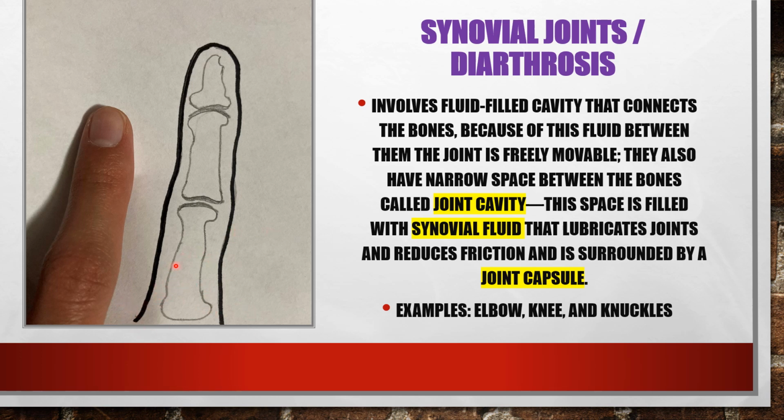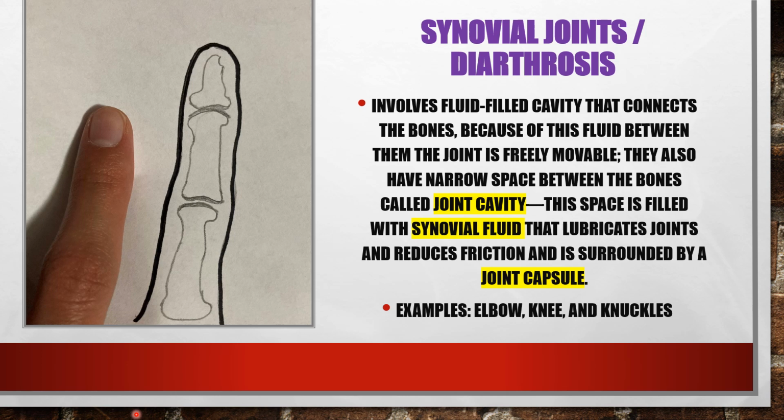We can move those because of this cavity and fluid together, but it also has a joint capsule that surrounds the joint cavity, and it includes an outer fibrous capsule that helps hold the joint together and retain the fluid, the synovial fluid. And there's also an inner synovial membrane that produces the synovial fluid.